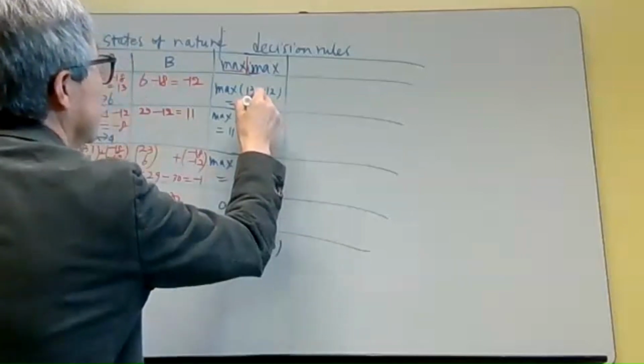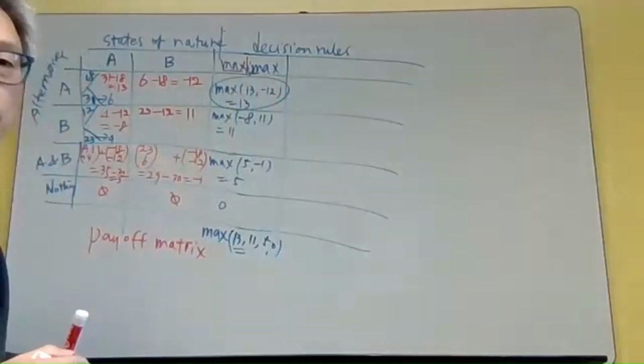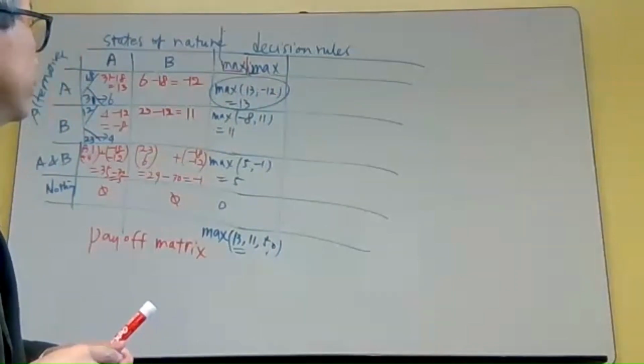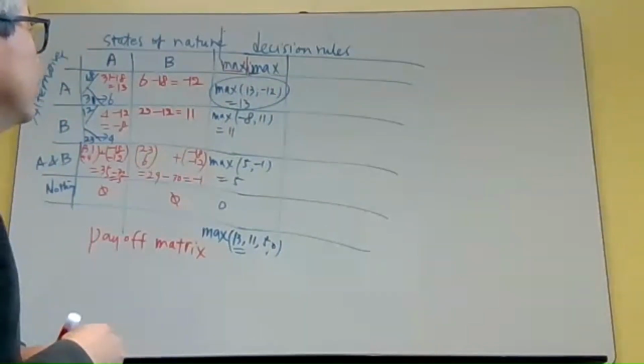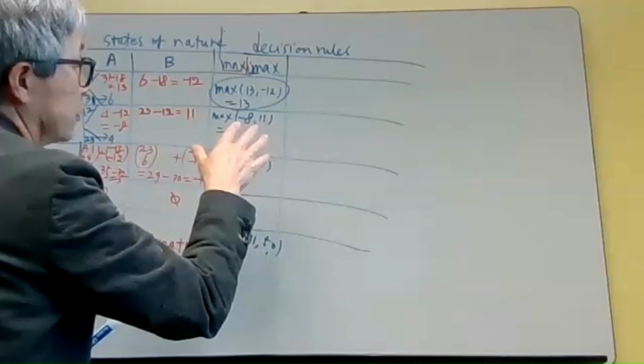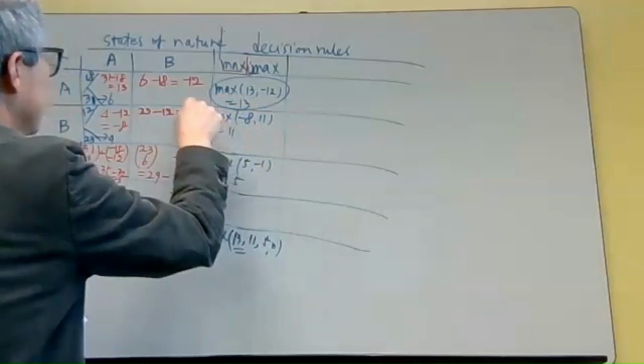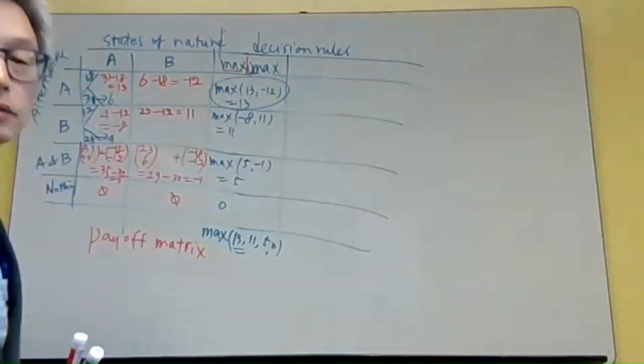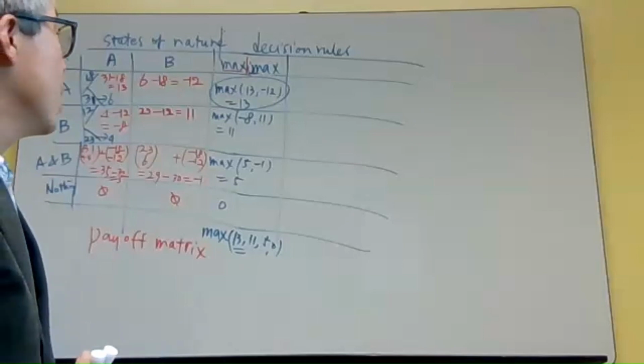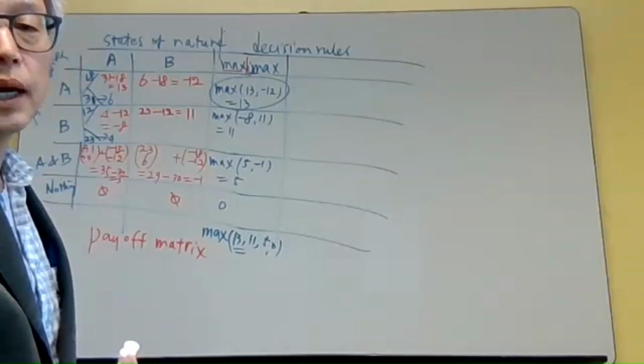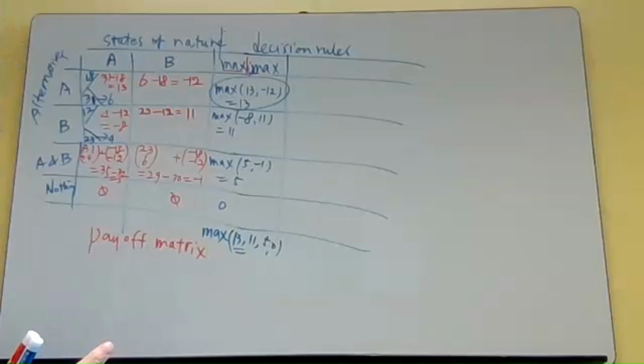So 13 is our maximum payoff. So based on the decision rule of max, we're gonna select alternative A. That means the Magnolia Inn will purchase a parcel in location A.